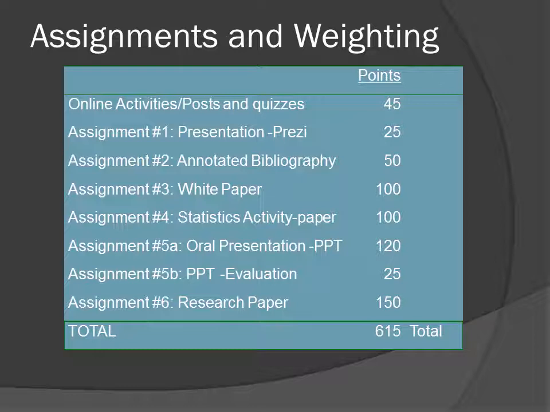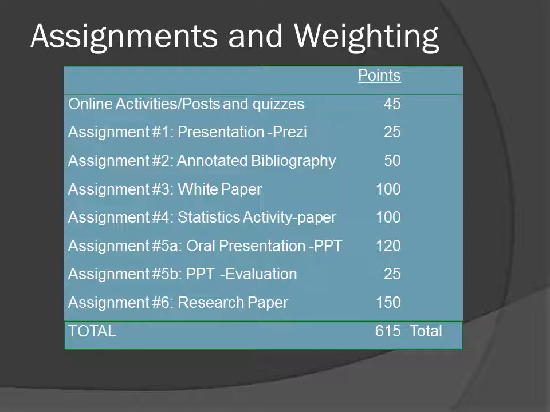Here you can see assignments and weighting for this class. You will have several online activities or posts, as well as an APA quiz. You will also have 6 assignments, one of which has 2 parts as you see, assignments 5A and 5B.